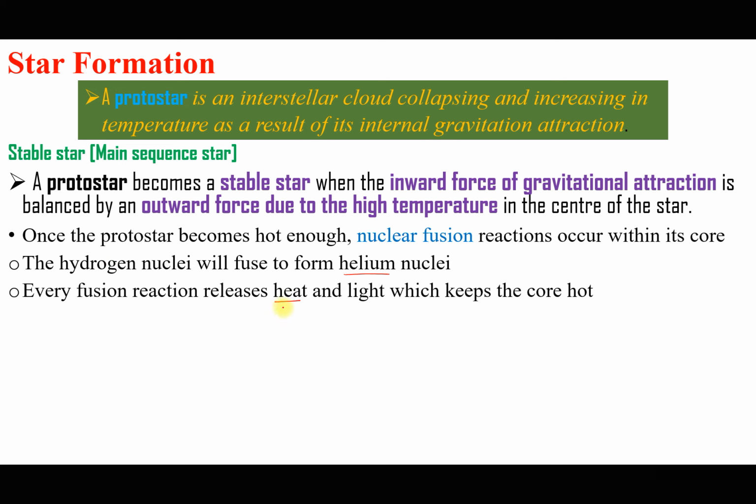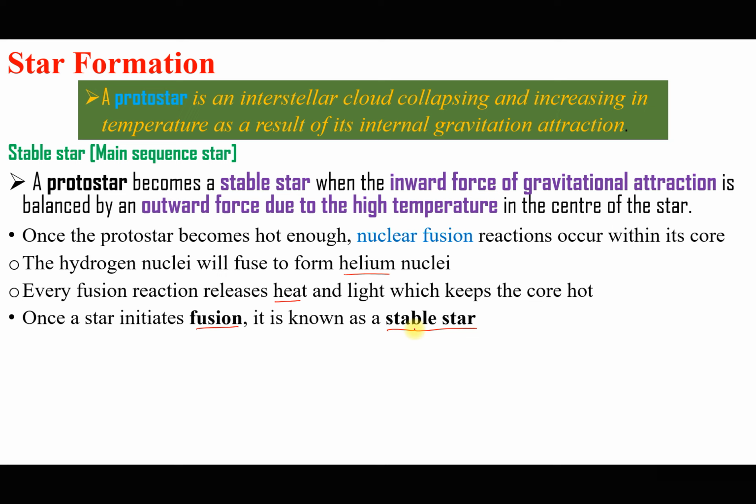That's why the temperature of the core is becoming hotter. The kinetic energy of the molecules is being transferred into thermal energy. So once a star initiates fusion, it's known as a stable star. As soon as fusion starts, it means the outward forces are now balancing with the inward forces because heat can be generated from the center of the star.